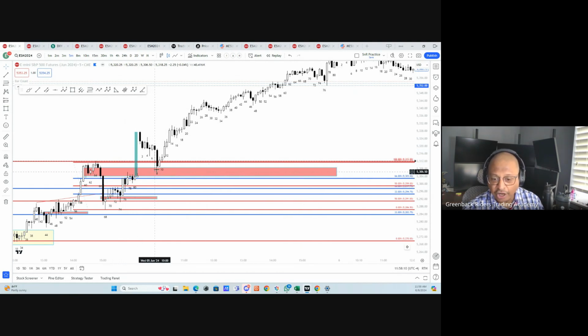Correct? Now we did not come back to the COI and we were getting support right here. So if you have this drawn on your chart, you know that there will be bulls here. You know there will be bulls below this because this was the area that got broken out. It's just a retest of the breakout area.